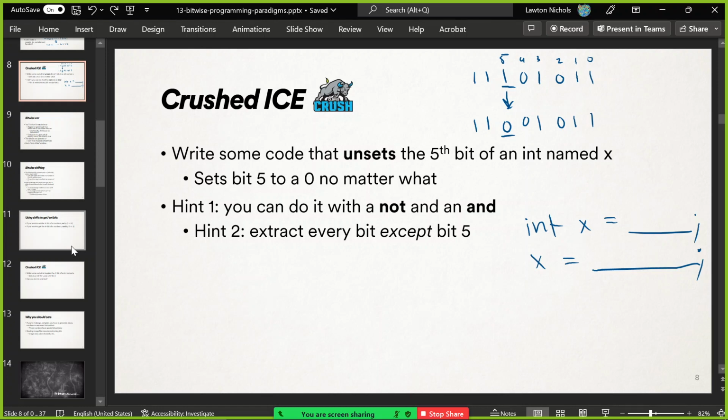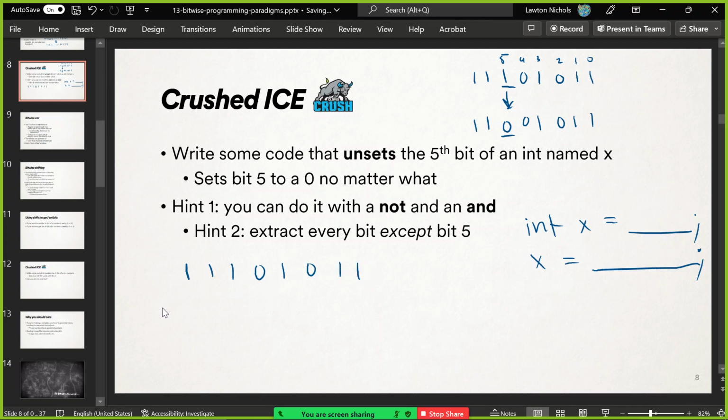Alright, so let's pretend that was our example number, like that was x, whatever it was. It was 1, 1, 1, 1, 1, 0, 1, 0, 1, 1.